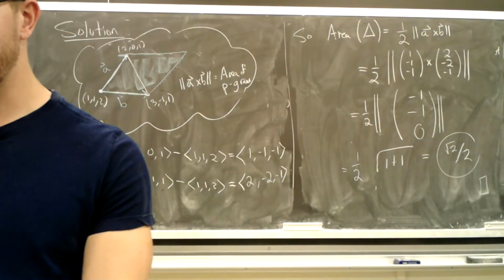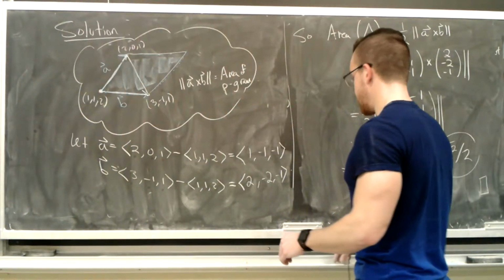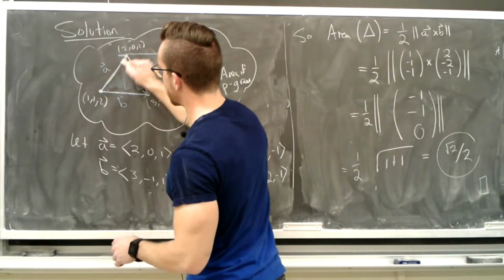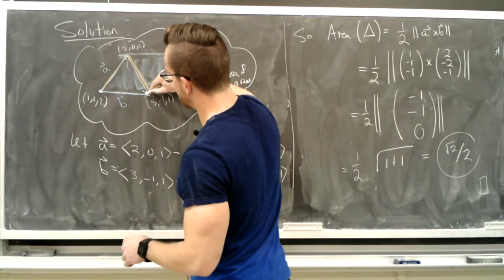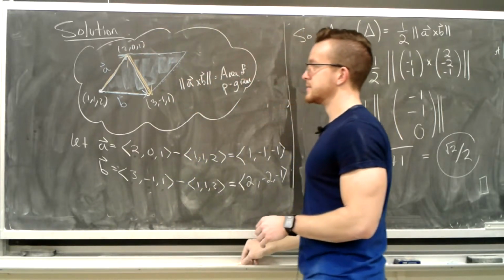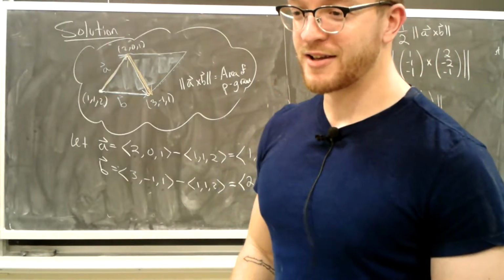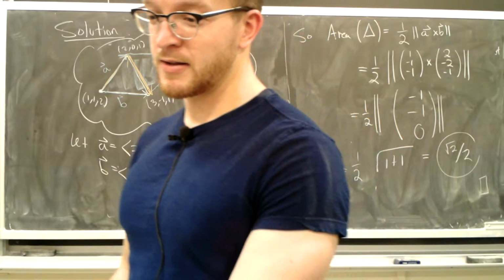Do both vectors have to start at the same point? Nope. Not only could you pick different sides, but you could take like this vector and then this vector. That would also work. That would give you the same area. You could think about maybe why that's the case geometrically if you want.